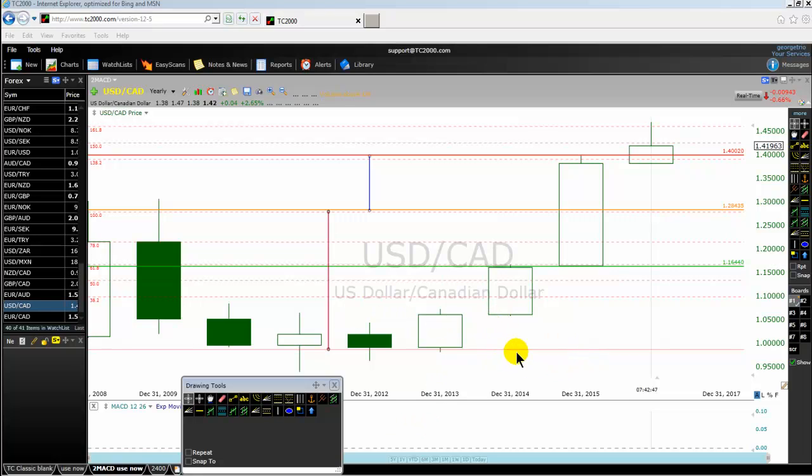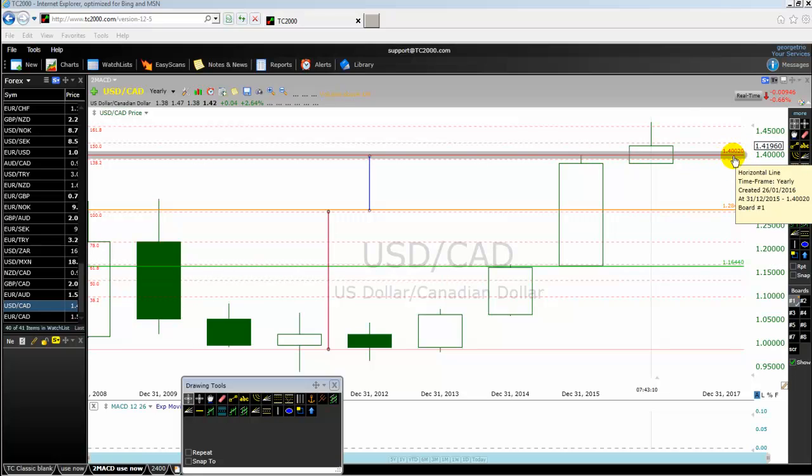The first key level that we want to pay attention to is the high of 2015, because the price is now in that region. So the first key level that we must not forget is 14002.